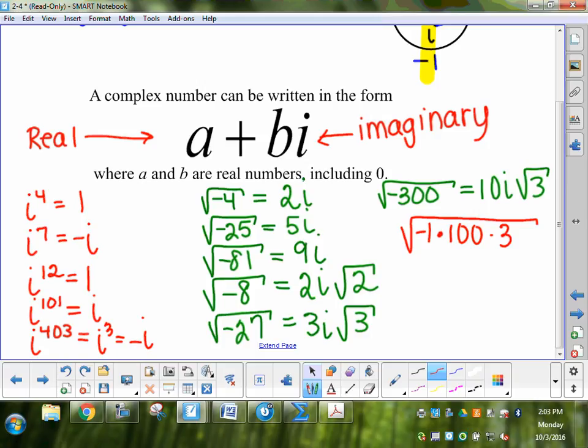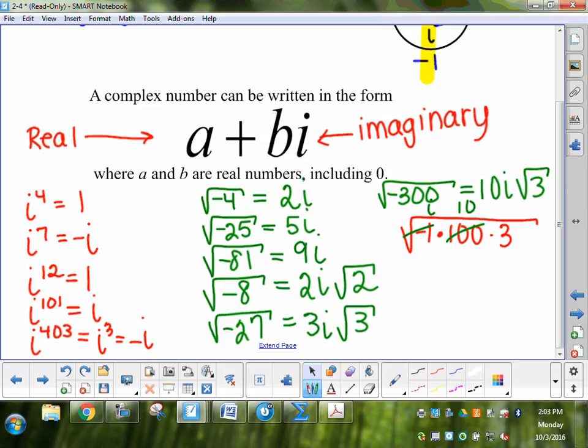So what's the square root of -1 going to be? Well, we established that the square root of -1 is i. The square root of 100 would be 10. So it's 10i root 3. Okay? Questions on that?